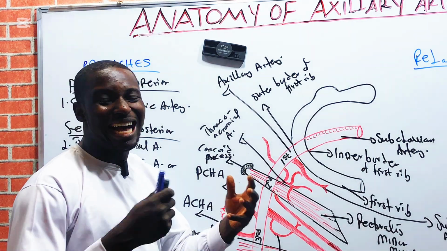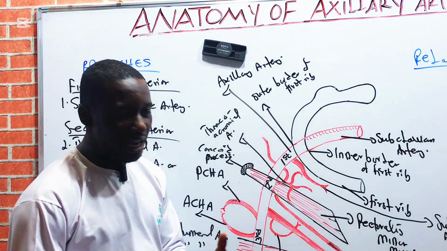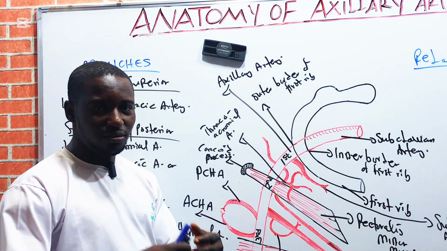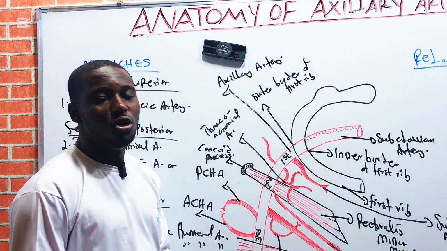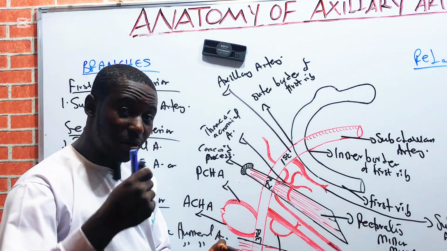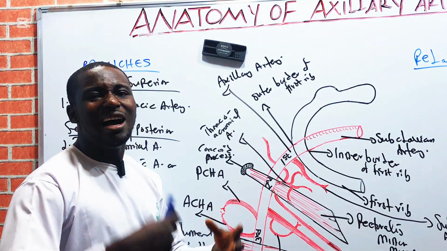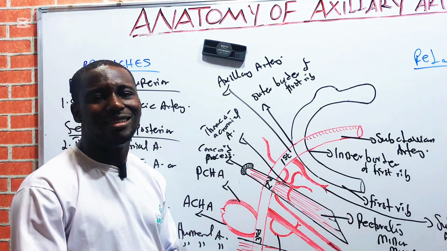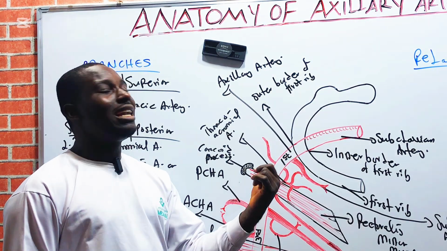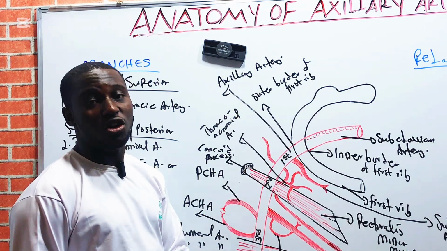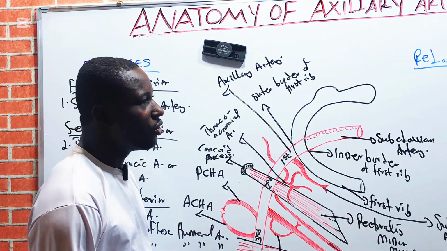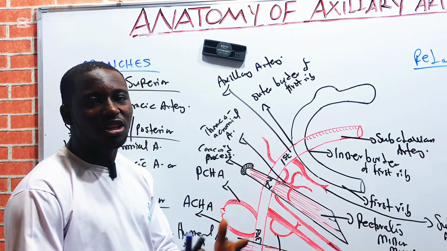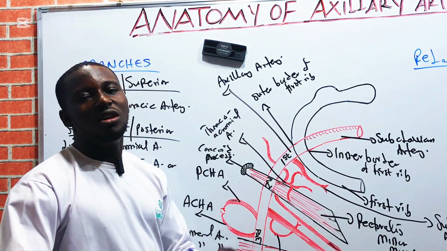The course and branches of the brachial plexus are also related to the axillary artery, but it depends on the branches of the axillary artery. Whereas the axillary vein courses medially along its course in the axilla. So the relations discussed are the axillary vein and the course and branches of the brachial plexus.